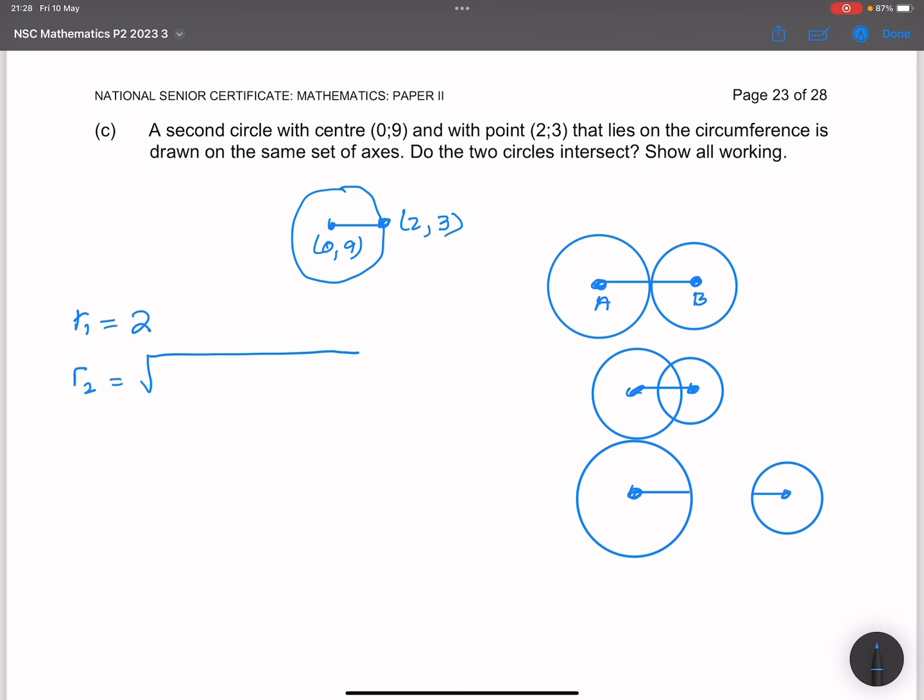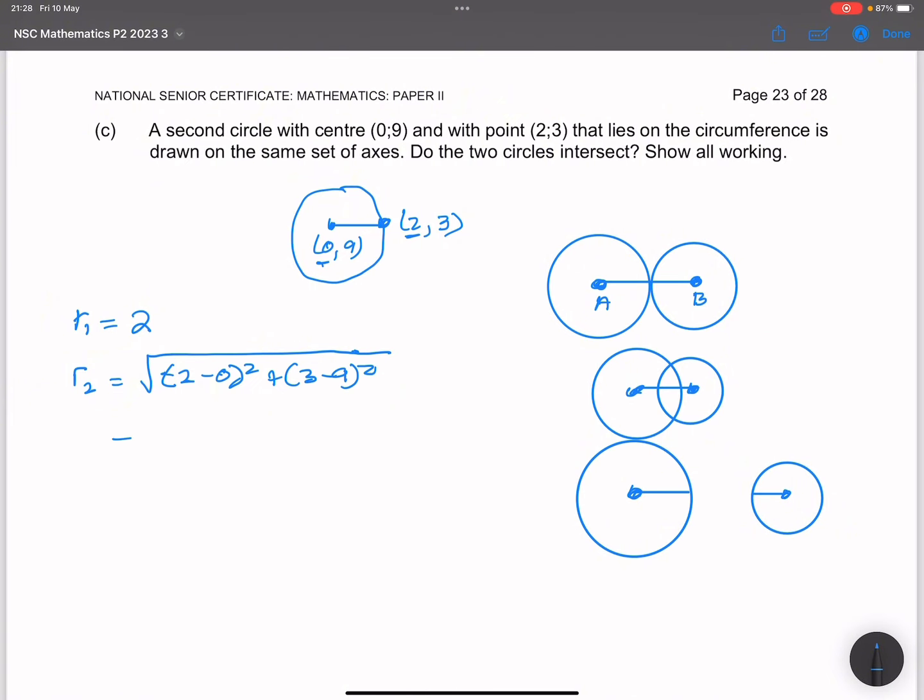That's going to be the distance. So I'm going to take x2 minus x1. So that would be 2 minus 0 squared. Plus we'll have 3 minus 9, squared.